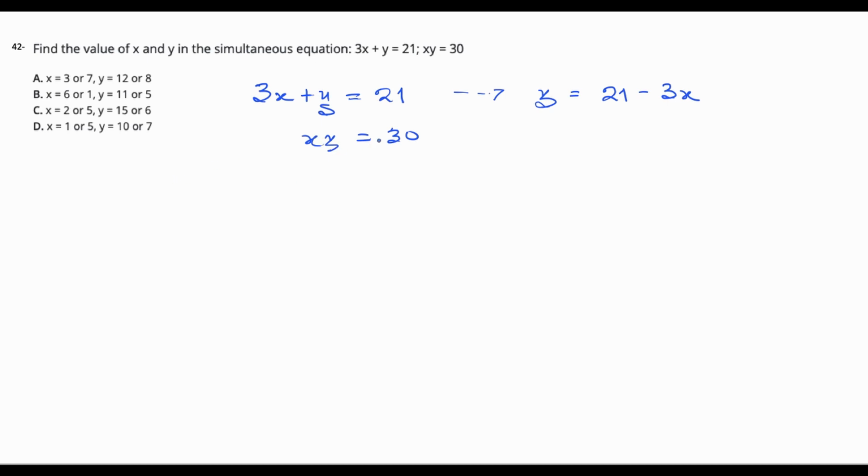So if we do that, equation 2 here becomes, we have x multiplied by y, that will be 21 minus 3x equals 30. So if we expand what we have here, we have x multiplied by 21 is 21x, and x multiplied by minus 3x is equal to minus 3x squared equals 30.